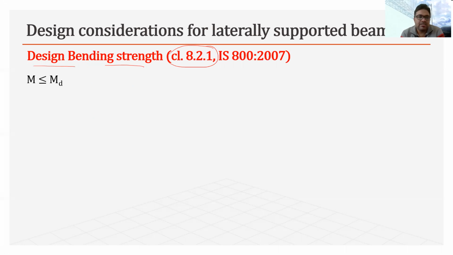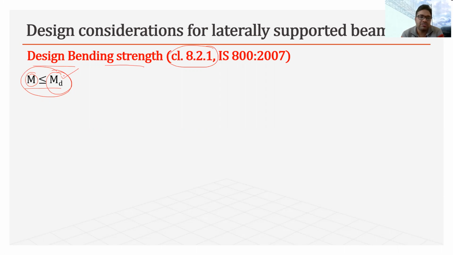The first criteria is M should be less than or equal to MD. M is the bending moment due to the external load and MD is the design bending strength. So bending moment due to external load should be less than or equal to the design bending strength of the beam. That is the statement that we always need to satisfy.